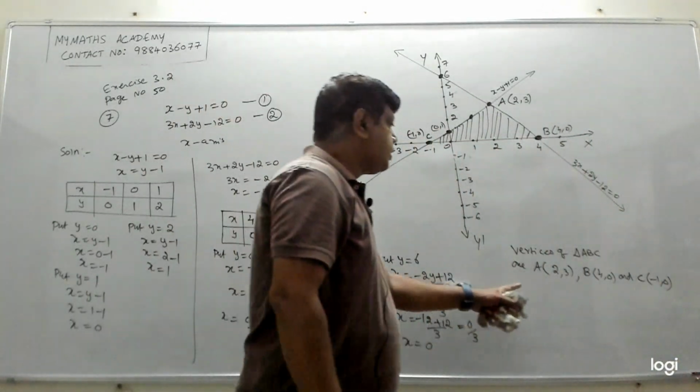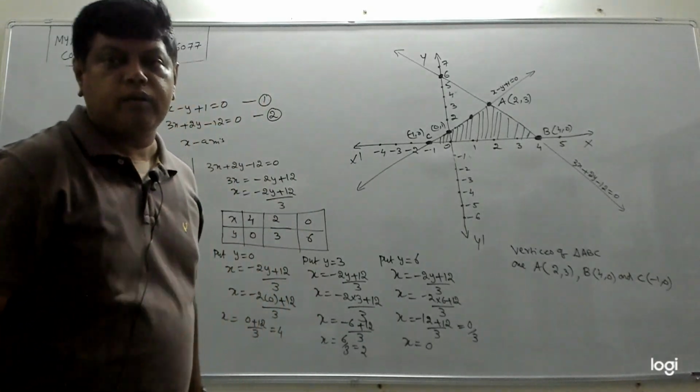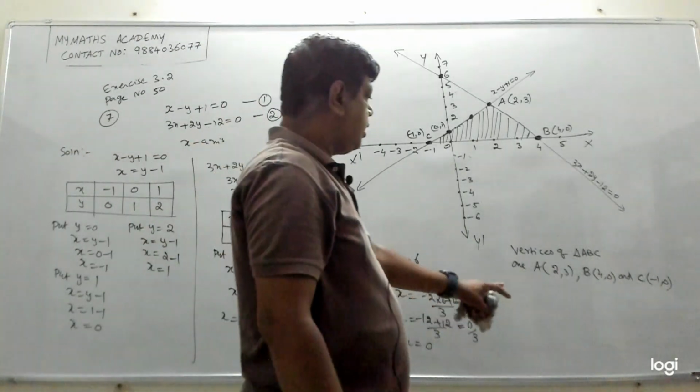So we have found the vertices of the triangle. Clear? Fine. So A, B and C.